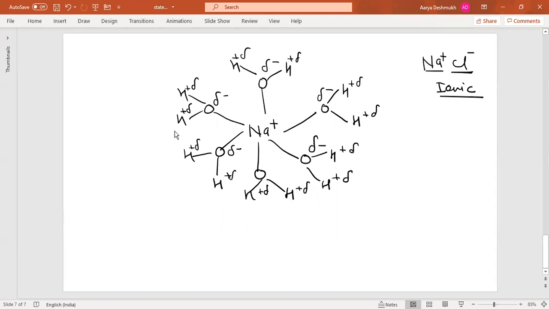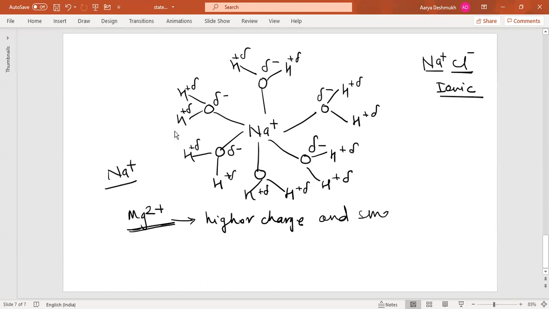For example, take another example like magnesium ion, Mg2+. If you compare this with sodium ion, there is only a +1 charge. In case of magnesium, there is a +2 charge, so the magnitude of the charge on magnesium is more. So it has a higher charge compared to sodium and a smaller ionic radius.